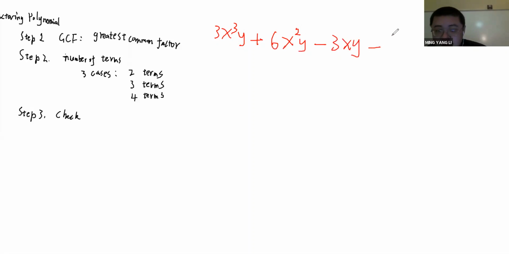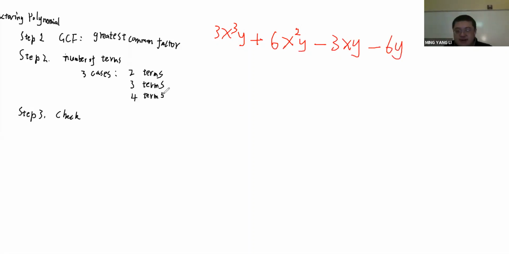Now let's start. Here we go. So first, let's see our example like this. We have 3x cubed y plus 6x squared y minus 3xy and then minus 6y.